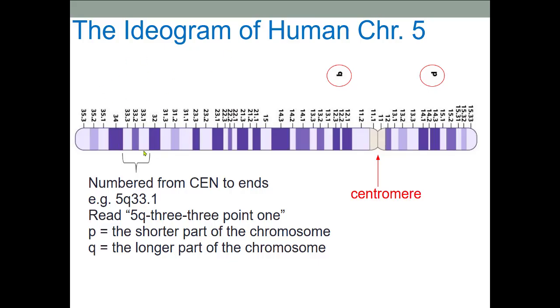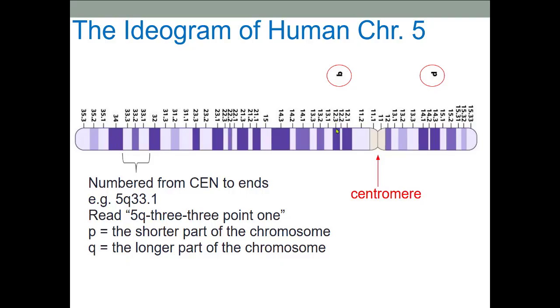And then as we got more and more resolution, better dyes, higher resolution cameras and microscopes and things like that, then we could subdivide those. So now region Q1 could be defined into 1.1, 1.2, 1.3, 1.4, and 1.5. And then further within that, now we can go beyond, right? Not just 1.2, but now 1.2.1, 1.2.2, 1.2.3.